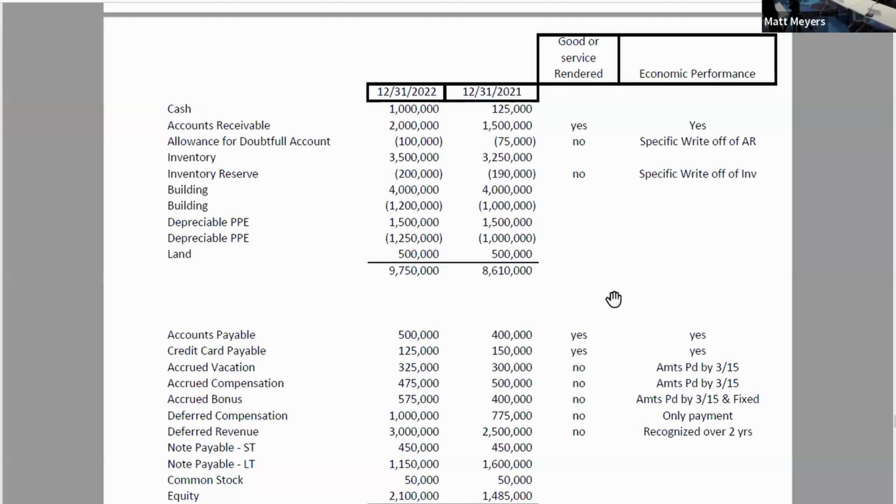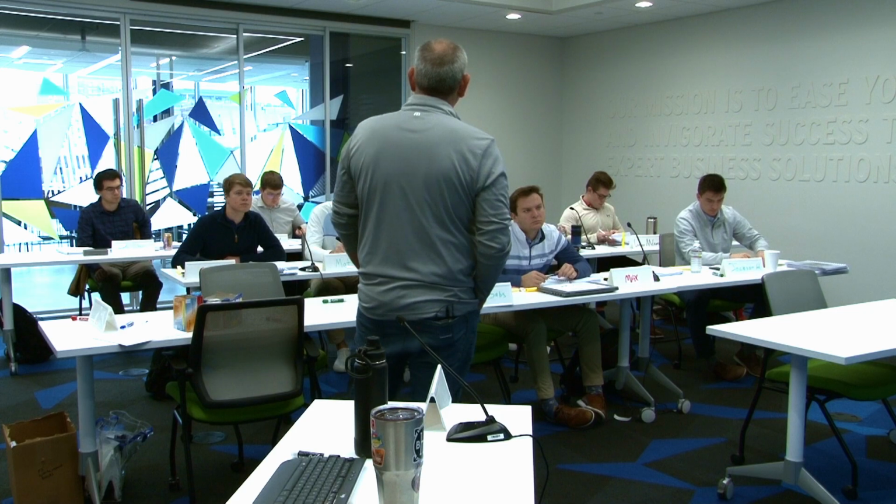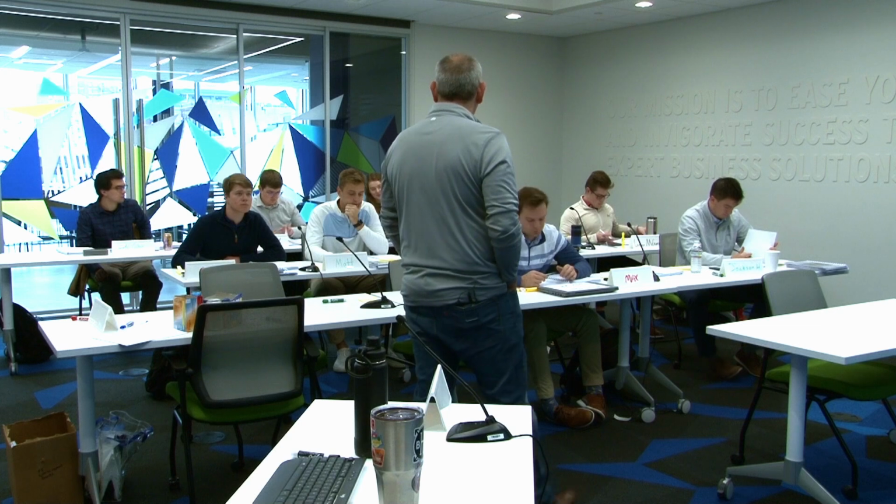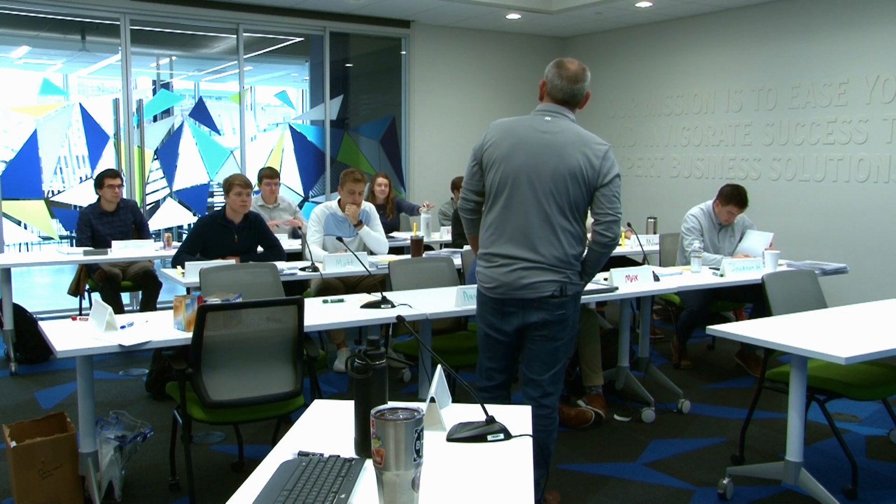I put this together to tie back a little to the accrual method of accounting, and we had the 3 prongs. Nally, what were they? What were the 3 prongs to measure whether something is reportable for income tax purposes under the accrual method?